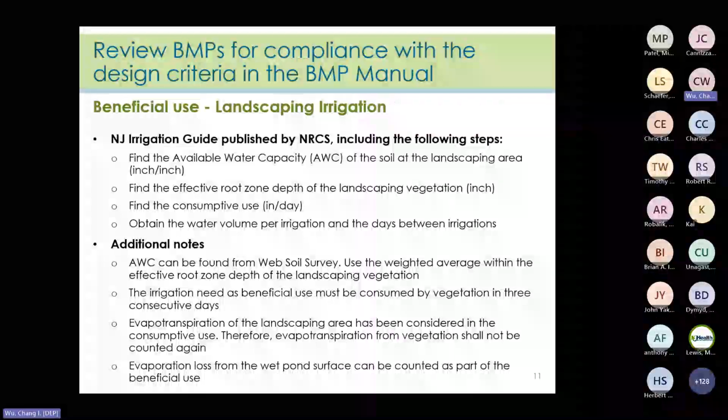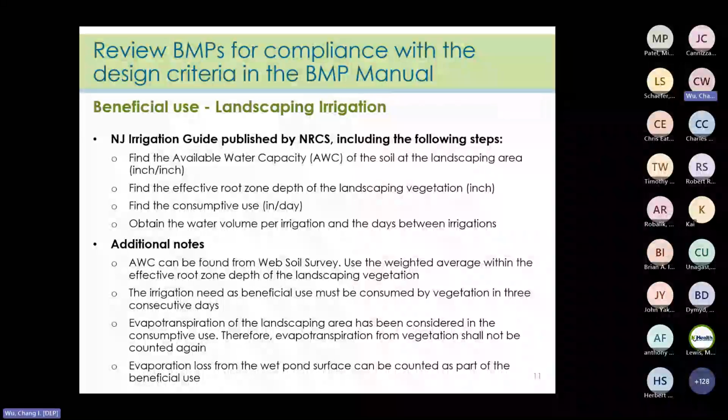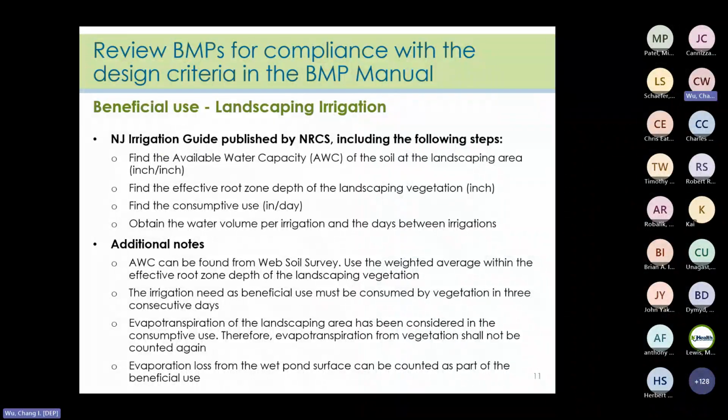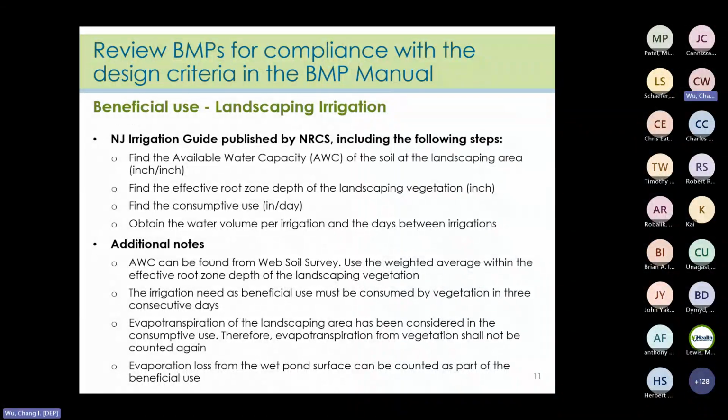Then find the effective root zone depth of the landscaping vegetation, which is how many inches of root zone. Based on that, you can calculate the consumptive use. Then, by the acreage of the area, you would be able to find the water volume per irrigation and the days between irrigations.